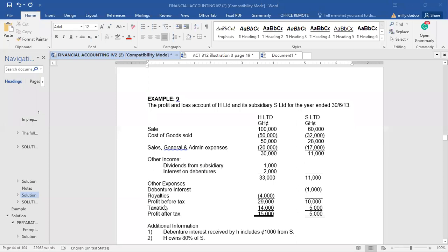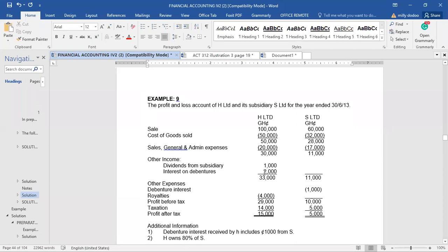Go to the additional information. We're told that debenture interest received by H includes 1,000 from S. So quickly, you go to H's account.